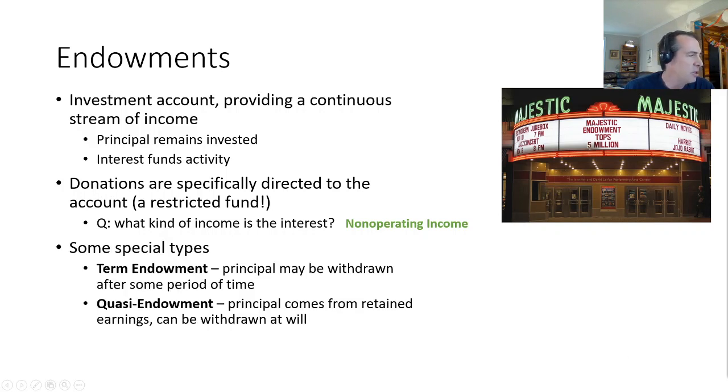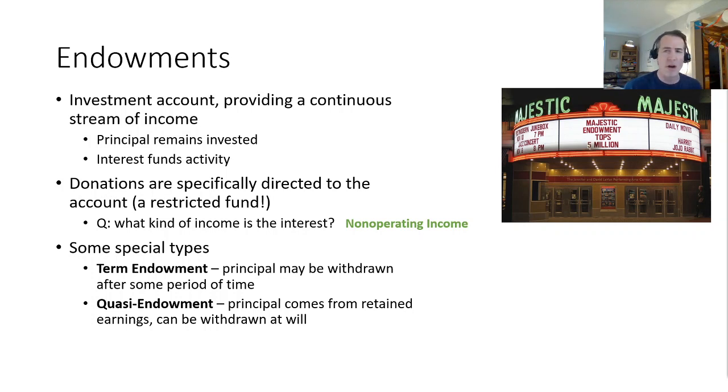Let's see here. A couple of special types of endowment funds, and these are interesting. The term endowment is one where the principal can be withdrawn after some period of time. So the person who has made this restricted donation has said it stays in the fund for 10 years, and then you can use it for whatever you want to.